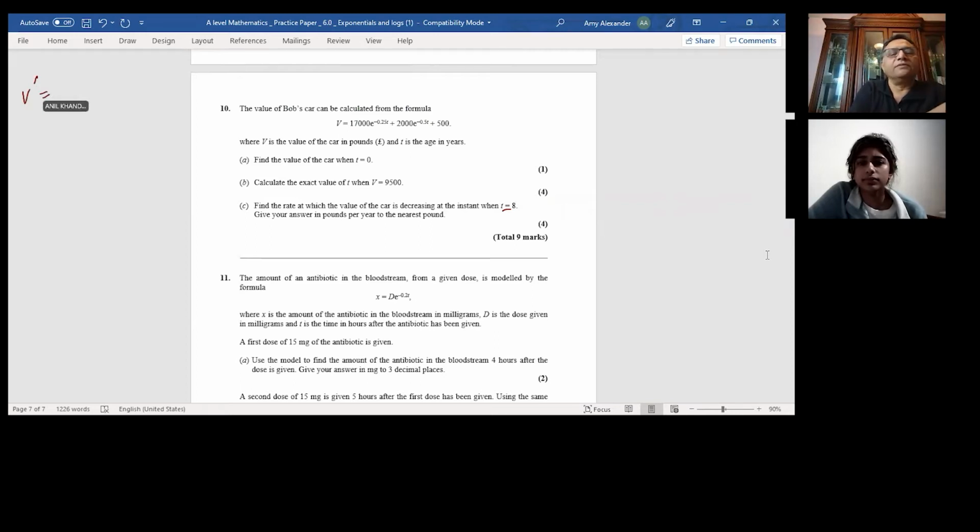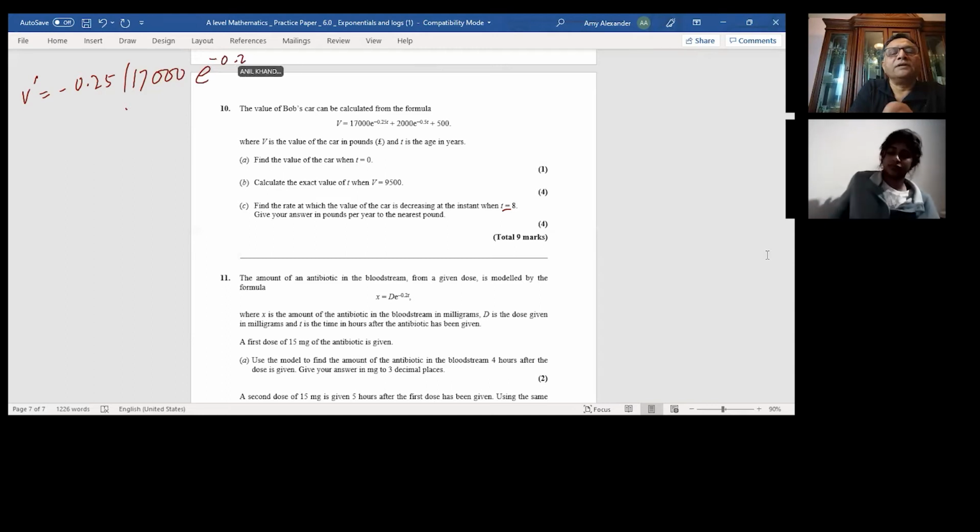So just find the derivative: minus 0.25 times 17,000 e to the power of minus 0.25t, this is the first part, plus, that becomes positive because you're multiplying by negative 0.5, 2000 e to the power of minus 0.5t.